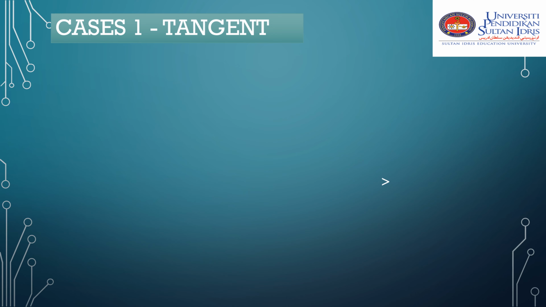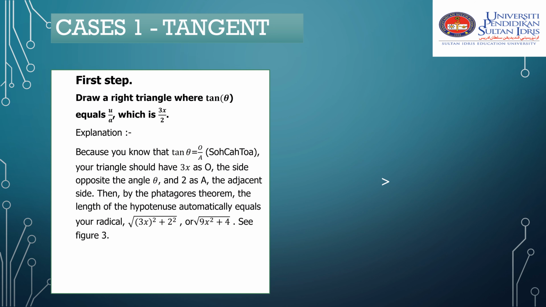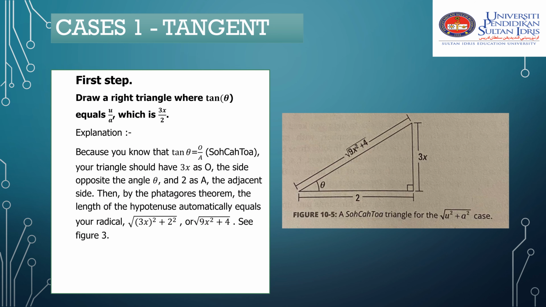For case 1, tangent, the first step is you must draw a right triangle where tangent theta equals u over a, which is 3x over 2. Because you know that tangent theta is equal to opposite divided by adjacent. The triangle should have 3x as the side opposite the angle theta, and 2 as the adjacent side.